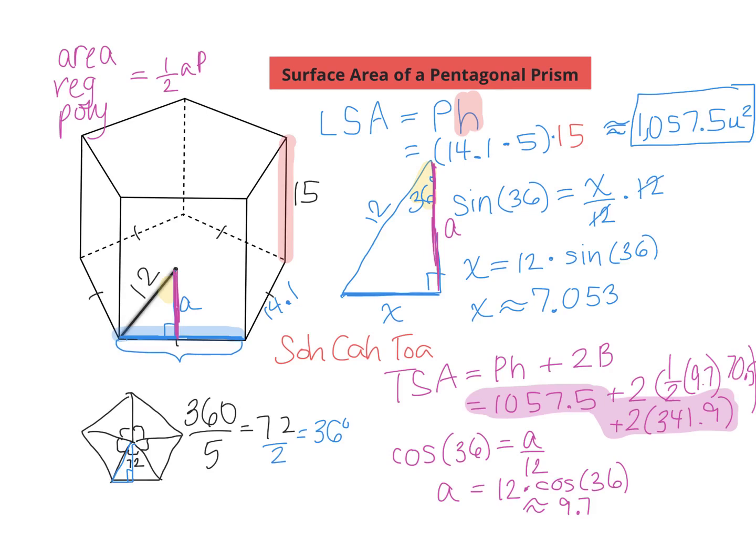So then my total surface area is going to be about, I'll write it up here, 1,741.3 square units. Surface area is two-dimensional.